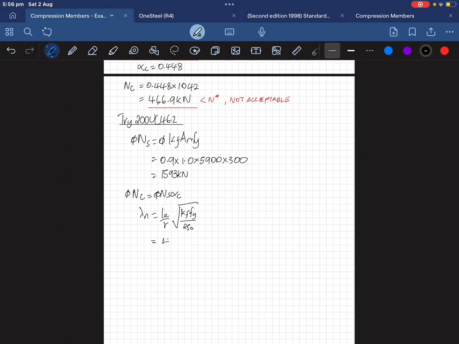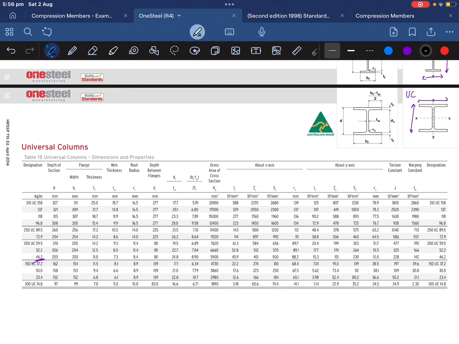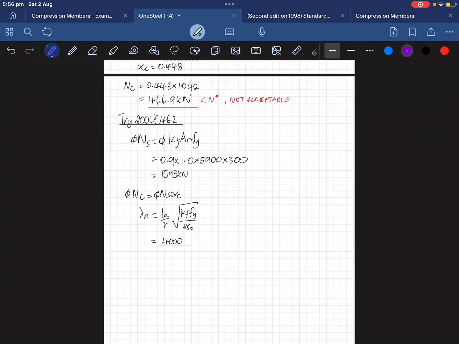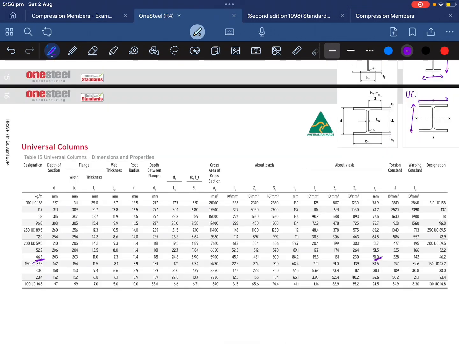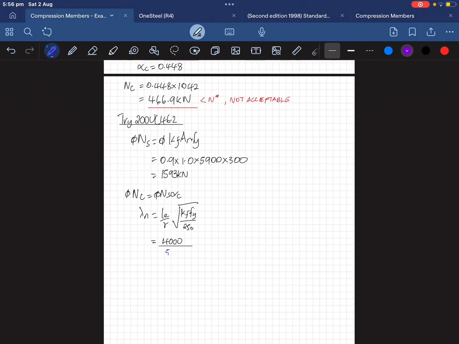We know Le is 4,000, and ry, because we're dealing with the minor axis here, for that section should be 51.0.